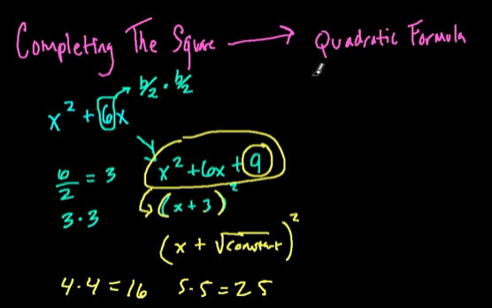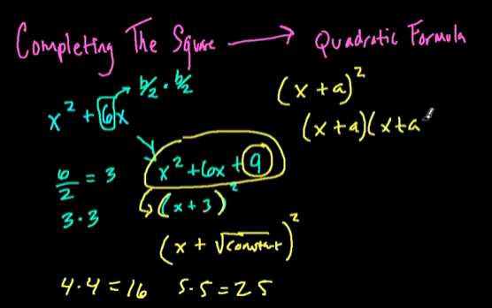Another way of looking at it is to think, well, if you have something squared, what would that be if you expanded it? If you took this, x plus a, and multiplied it by itself, well, what does that look like? Well, we distribute the terms, let's do that. x times x, and then x times a.